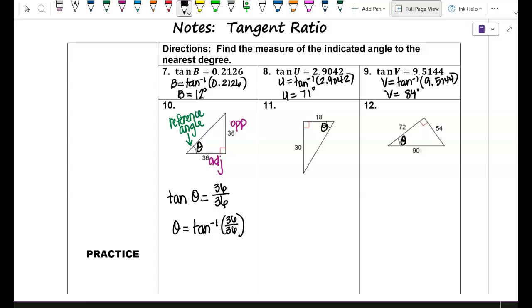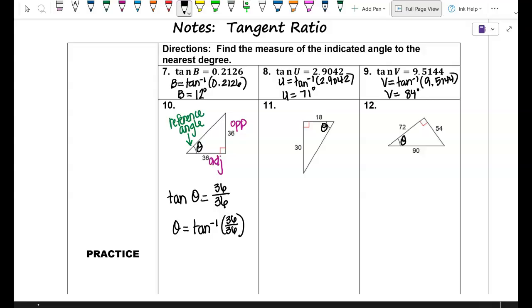You guys need to be able to tell me, what do we call a triangle that has 2 legs that are the same measure? So any triangle that has 2 sides that have the same measure is an isosceles triangle. Since this is a right triangle, it would be an isosceles right triangle.